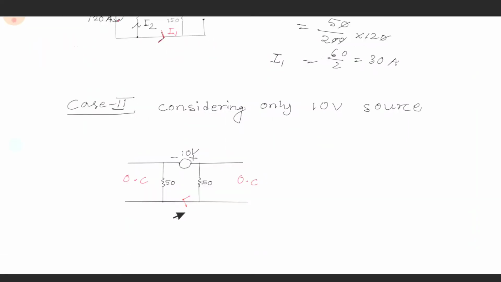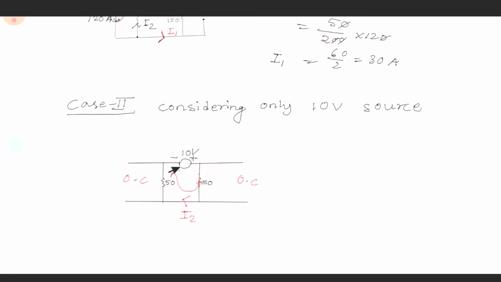Now suppose we assume that the current is I2, and we have to determine this I2, meaning the response. So look, the resistances 150 and 50 are in series combination.